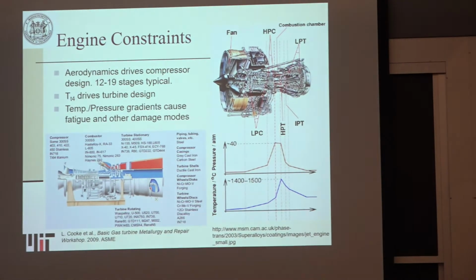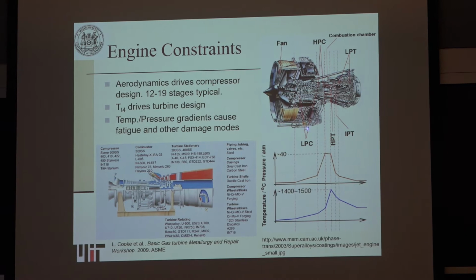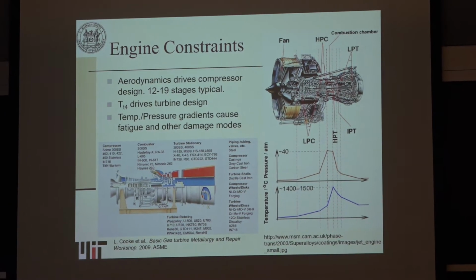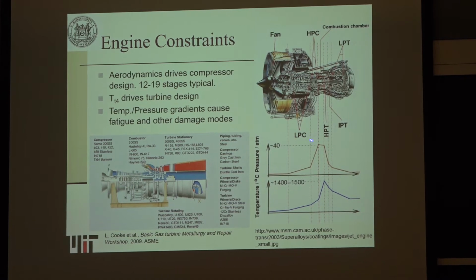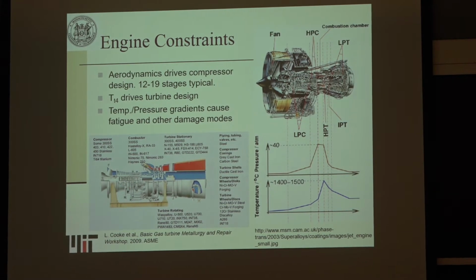So for the compressor section, it's the aerodynamics. What happens is you have the air come in, you have to actually compress it through the various stages of the LPC and HPC. And then at that point, when you go into the turbine after combustion, it's the turbine inlet temperature that drives the efficiency of the engine.